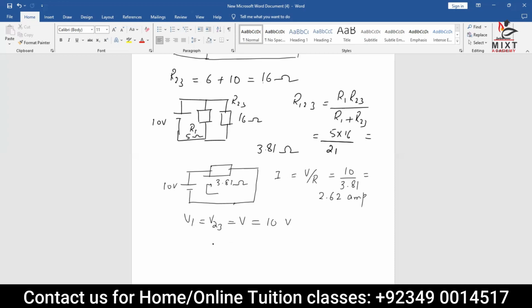So this is the voltage. So now I1, R1. It will be I1. Now we know that this voltage is the same and they are in series. So let's find out I23.